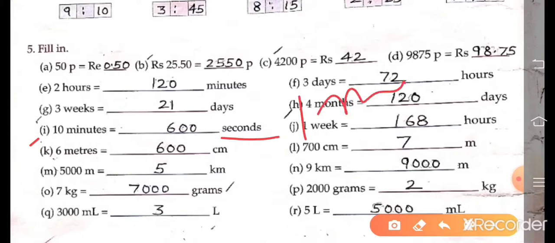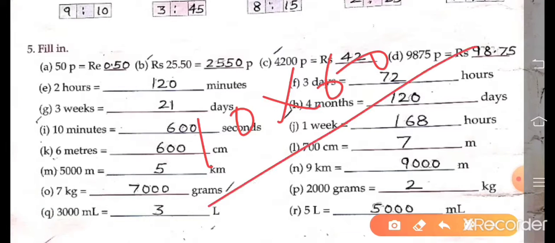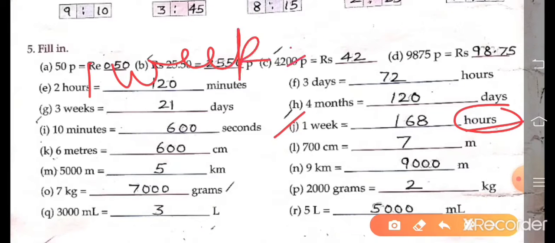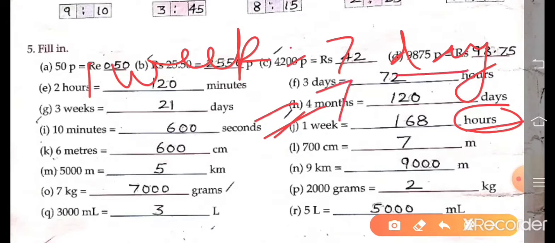So 1 minute equal to 60 seconds. 10 minutes equal to, so 10 multiply 60 means 600 seconds. 1 week equal to hours. So we know 1 week equal to 7 days. Okay, and 1 day equal to 24 hours. So 7 multiply 24. So answer will be 168 hours.